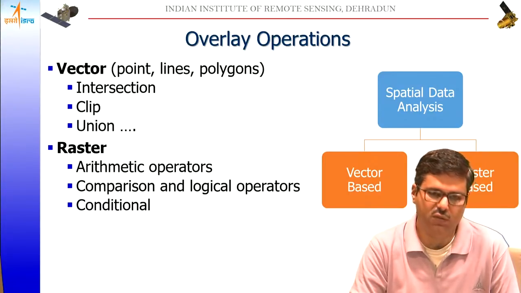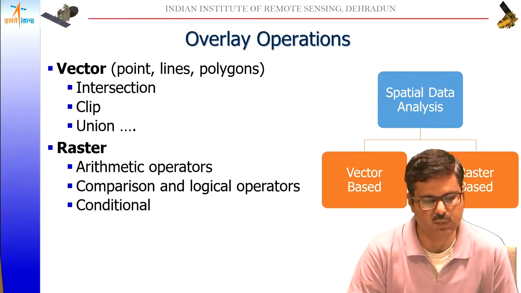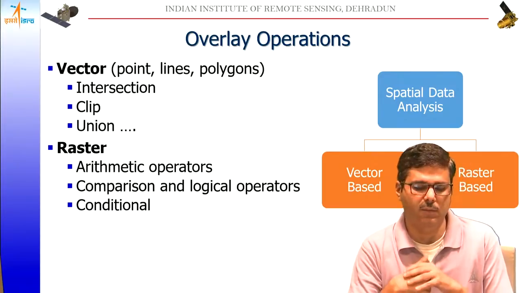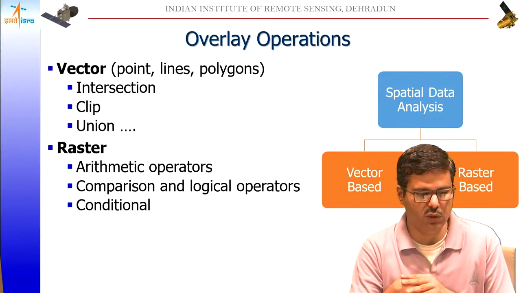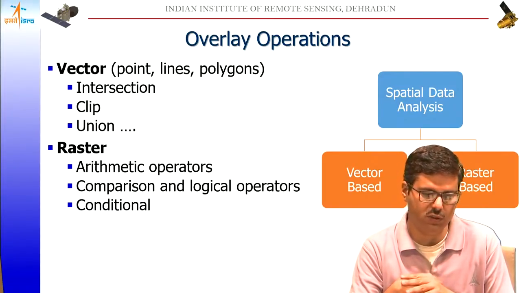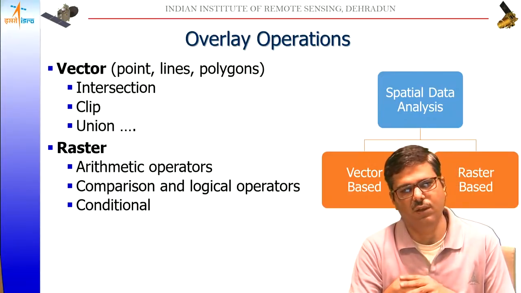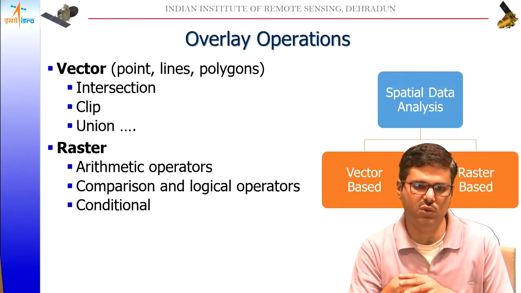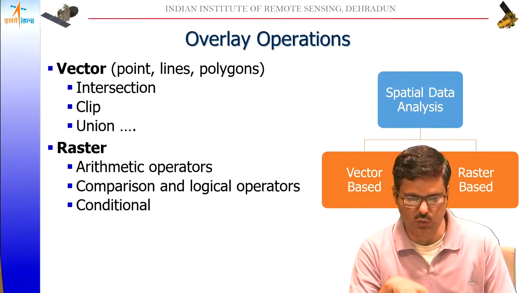Similarly, in the case of a raster, we can do, as I said, arithmetic operators. In the last example, the NDVI computation, we can use various arithmetic operations. We can also use various comparison operations, relational operations, logical operators, or conditional operators, or a combination of all of these.